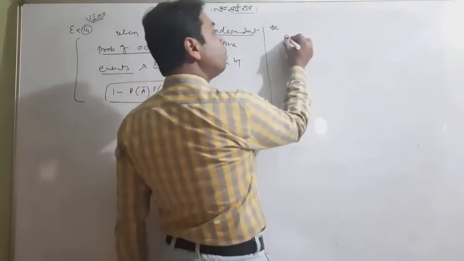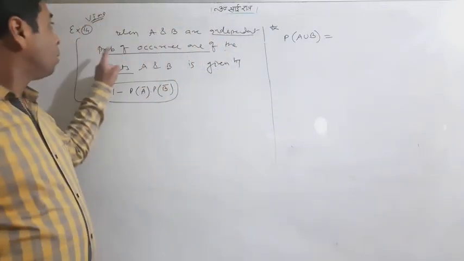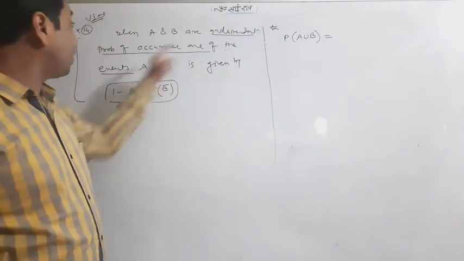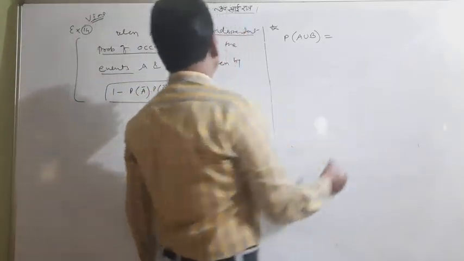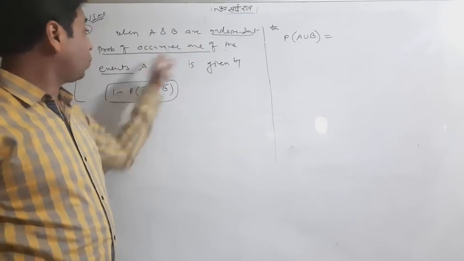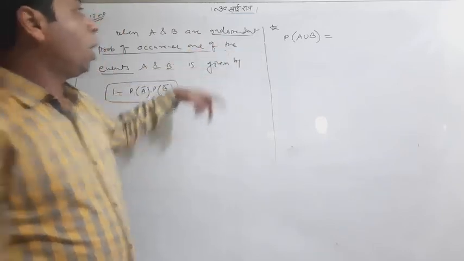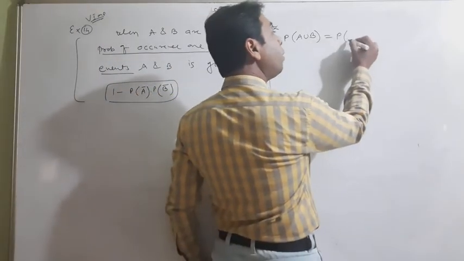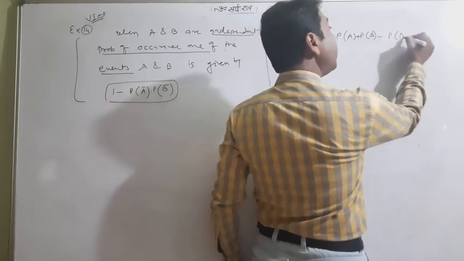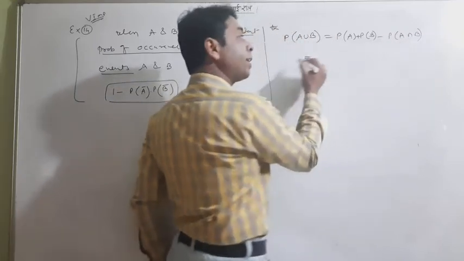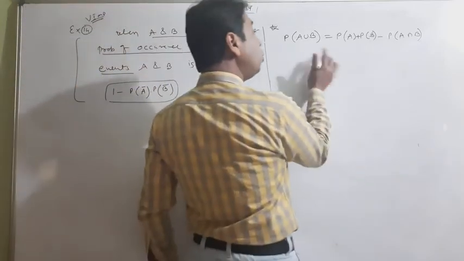First I tell you what P of A union B is. Because you are told the probability of occurrence of one of the events A and B, meaning P of A union B, we want to find out. So instead of occurrence, at least one event may come. So P of A union B, which we know is P of A plus P of B minus P of A intersection B. Now very interesting, I'm writing here A and B are what events? Independent events.